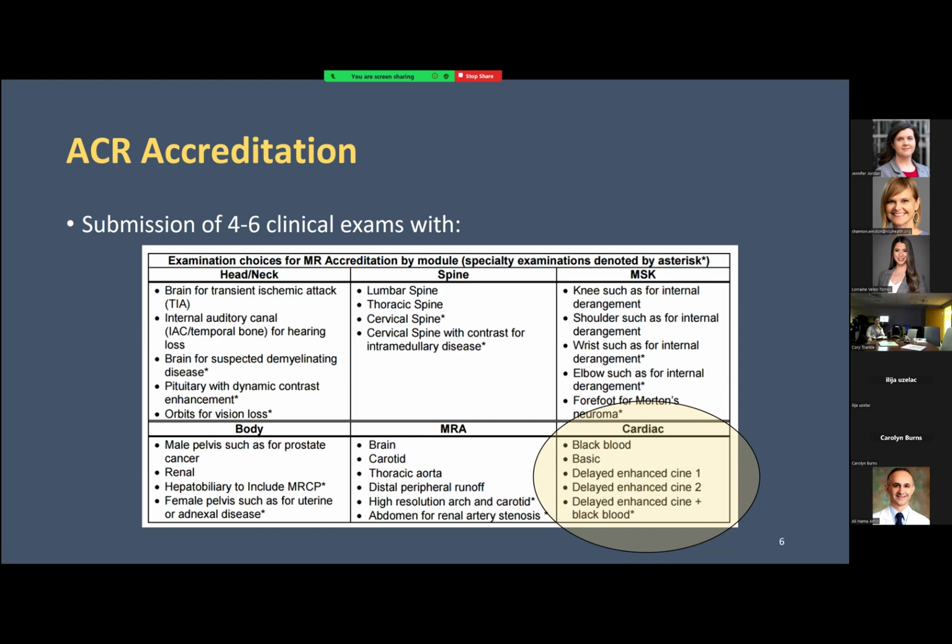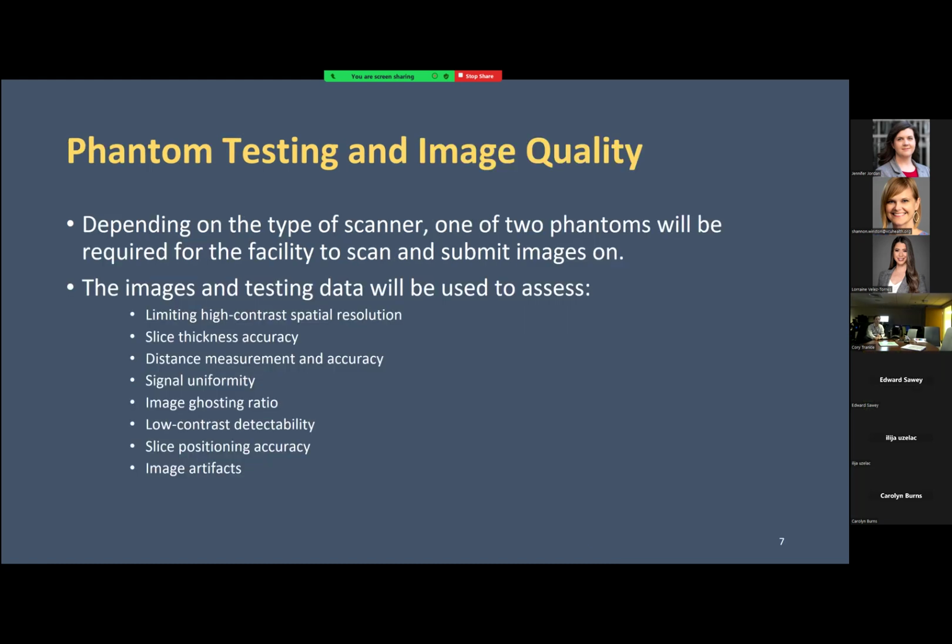Then we want to do some delayed enhancement images and delayed enhancement with black blood. So this is all from the ACR guidelines here. Certainly, we do a lot more than this for our cardiac imaging, particularly with research. But this makes sure that the contrast and the different things that we're looking for are very apparent in our images.